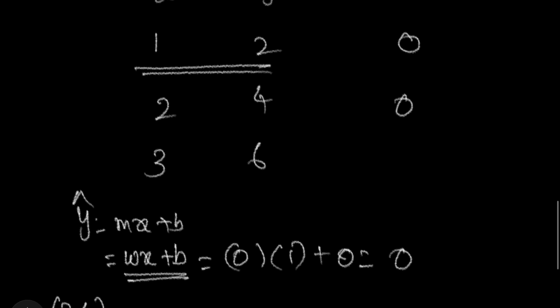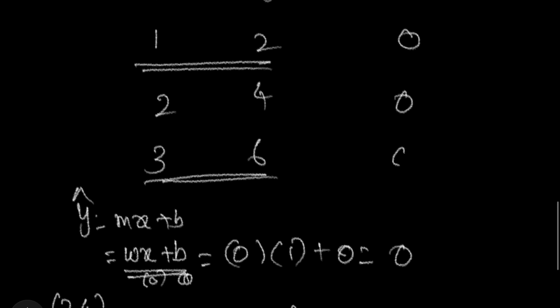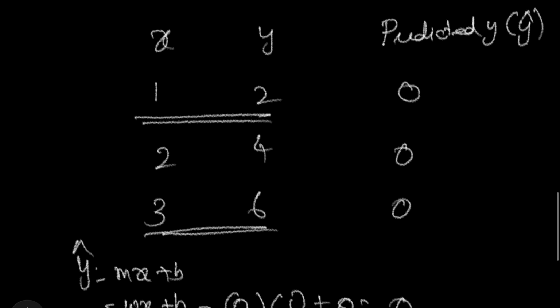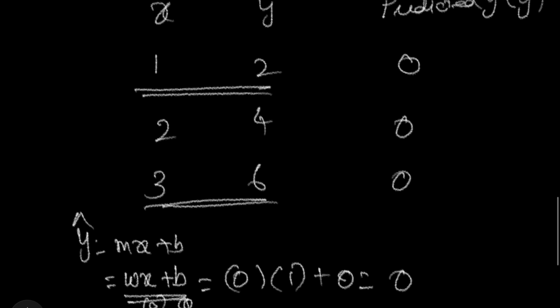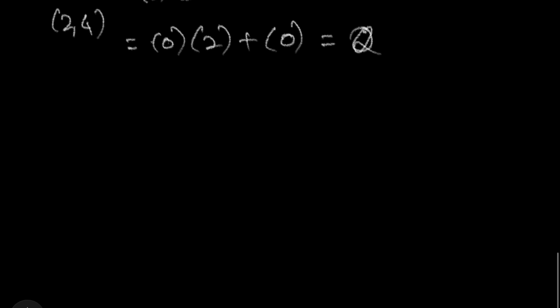Similarly, for 3 and 6, this is also 0. 0 into anything is 0, so all the values of the predicted y are actually 0. Now we have completed step 1. We have predicted the value of y to compare with the actual y value.